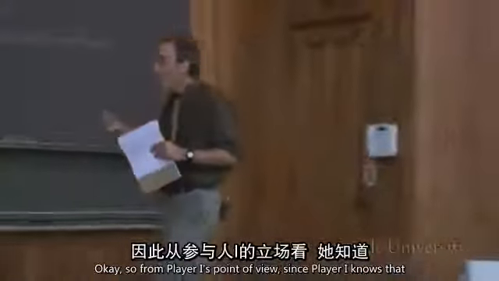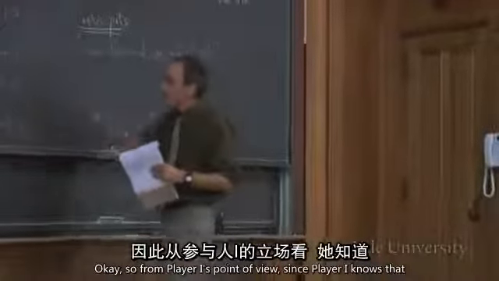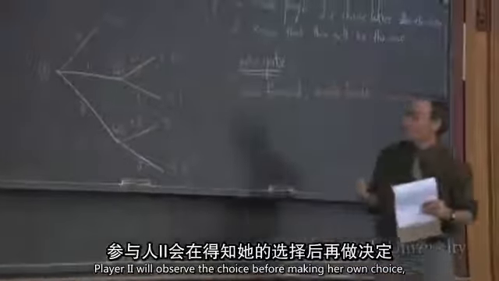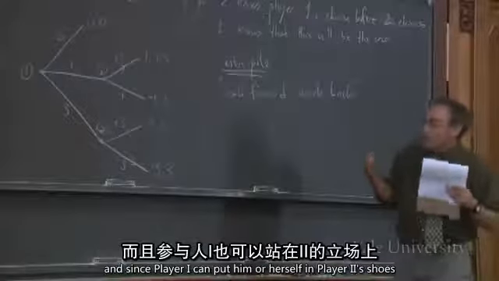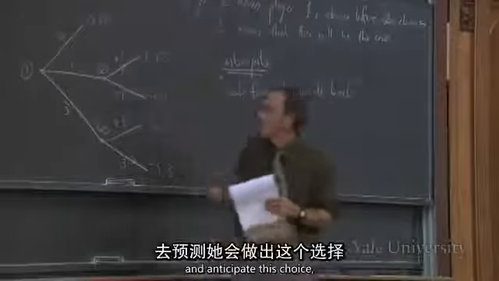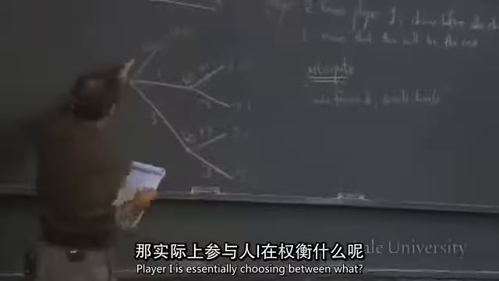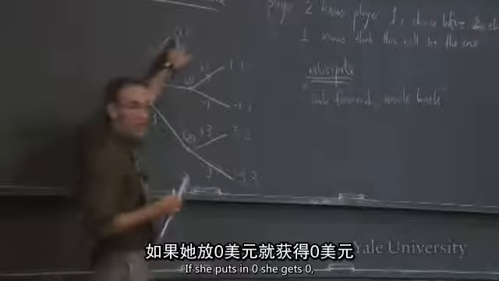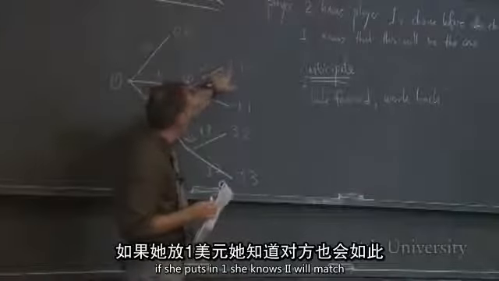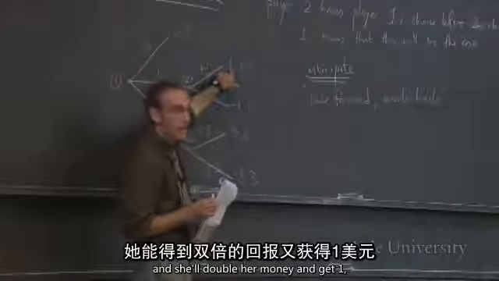Okay, so from player 1's point of view, since player 1 knows that player 2 will observe the choice before making her own choice, and since player 1 can put him or herself in player 2's shoes and anticipate this choice, player 1 is essentially choosing between what? If she puts in 0, she gets 0. If she puts in 1, she knows 2 will match, and she'll double her money and get 1.